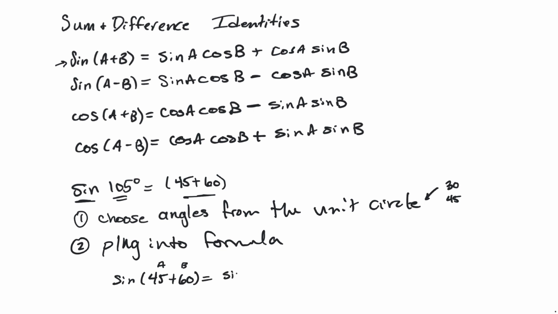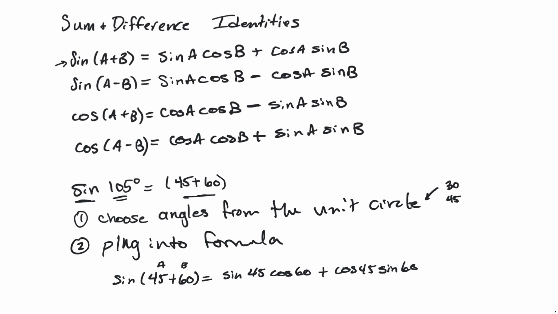So we're going to say sine of 45, cosine of 60. That's going to be plus, because the signs are the same, cosine 45 and sine of 60. If you ever get down to it and you've done something where you got the same thing in the front part and the back part of the formula, you know you've messed up somewhere.